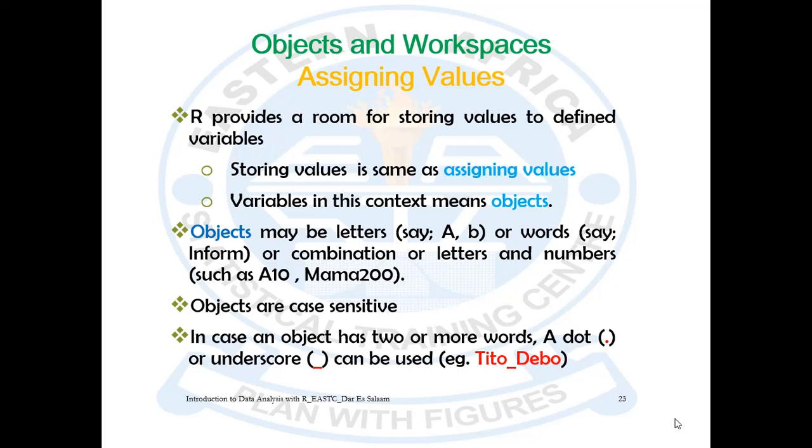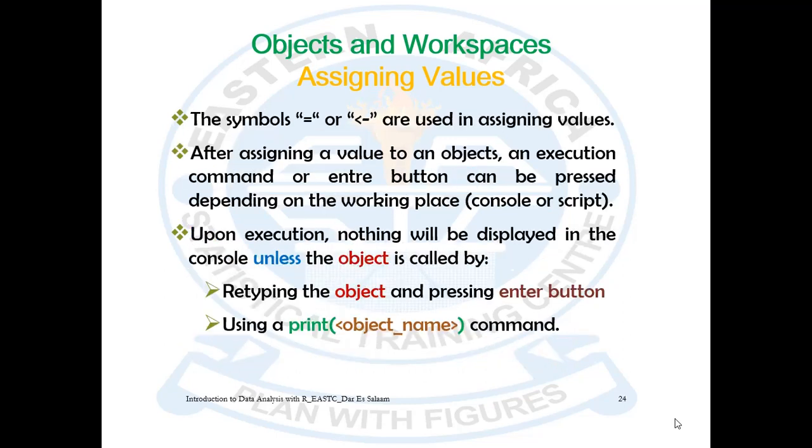So if you use uppercase, make sure that you maintain the same. If you use lowercase, make sure that you maintain the same lowercase. And we use assignment symbols: the equal sign, or the less-than sign and the dash.